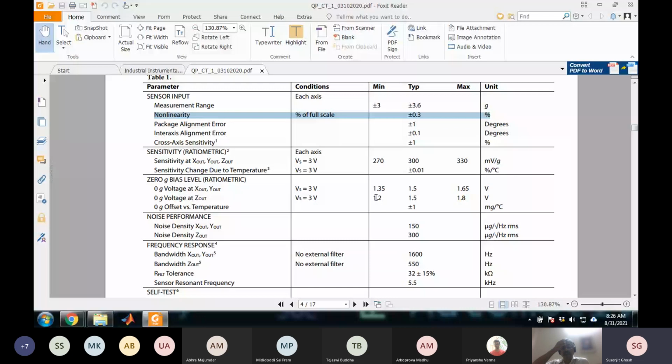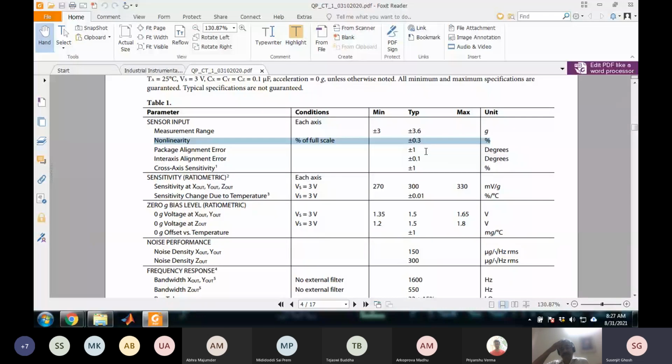If the alignment error is given as some x degree, then if the value is, let's say, x, and the alignment error is theta, then you have to calculate the component of that x g acceleration with respect to the reference axis. Is it clear how this package alignment error will affect the actual measurement?